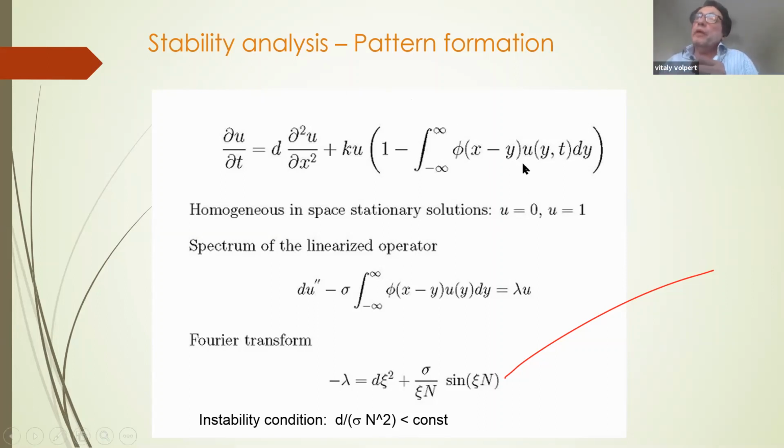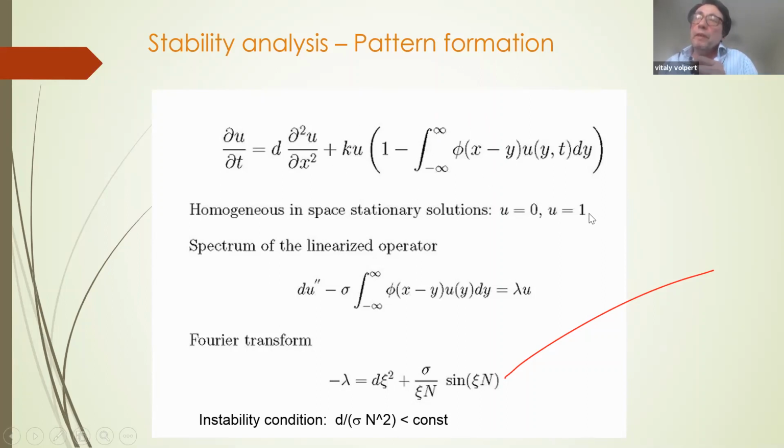If we look at this equation, we can verify that u equal 1 is a stationary solution, and we assume that the integral of phi equal 1. So we substitute u equal 1 here. The integral of phi equal 1, so this is 0, and everything disappears.